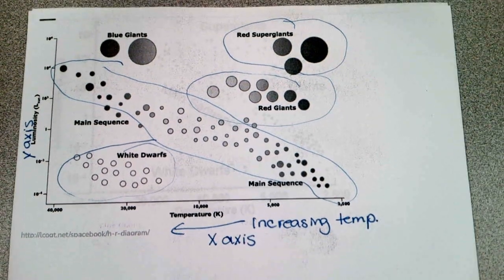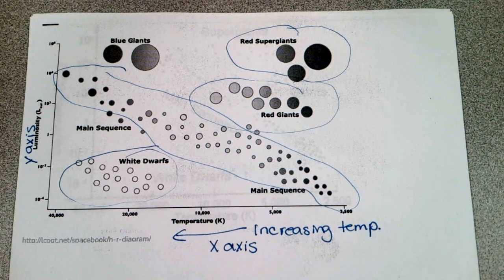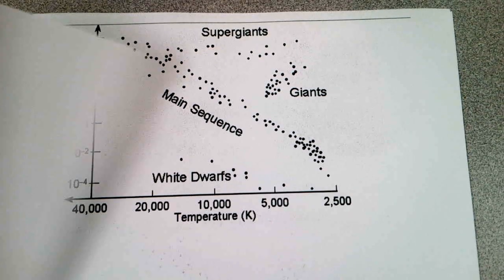And then I'm going to flip it and look at my y-axis. Again, your y-axis shows luminosity, brightness, magnitude. Okay. Notice this one does not have a spectral class. Okay, moving on.